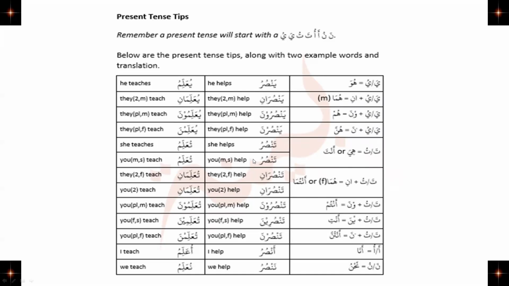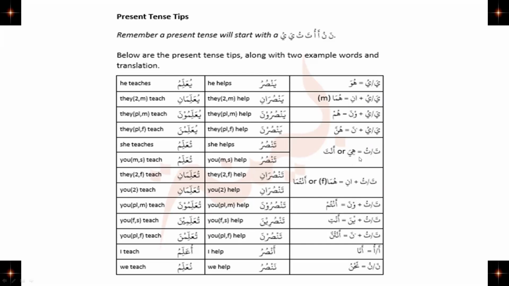Now this is where a little bit of confusion is. You have to be very careful here. The fi'ls for anta and here are the same. So anta tansuru, here tansuru. Anta tu'allimu, here tu'allimu. They take the same fi'ls. So it depends on the context; you will be able to know if it is huwa or here that is being referred to. And then ta or tu with ani is also for antuma and huma.